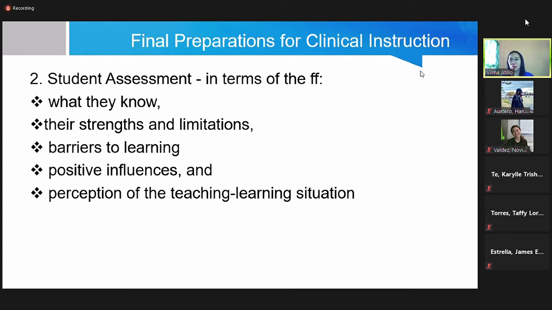Or sometimes, before you go to the patient, doon mismo sa station, magre-review kayo ni teacher on a particular procedure, like catheterization, or mag-extract ng blood for sugar test. So doon pa lang mismo sa station, you will have the practice so that by the time you arrive at your client, you are confident already to perform the procedure.